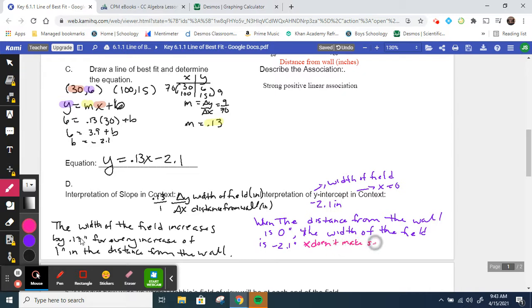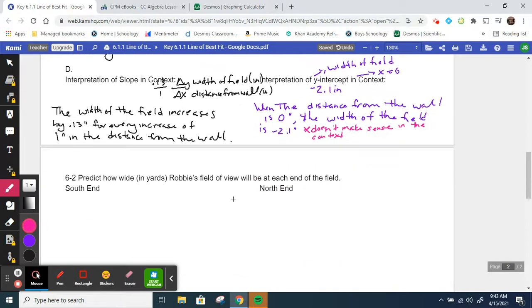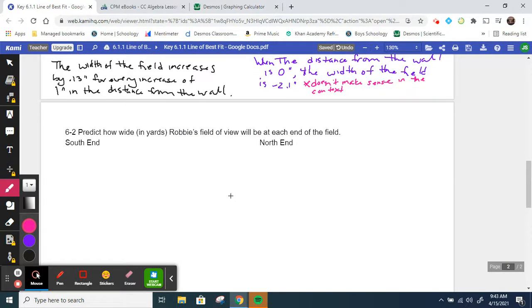In fact, when I had calculated it with 2 different points, I got a y-intercept of 1.67, and that would make a little bit more sense in context. But it will depend. And as you notice, everybody could have a slightly different line. And so we want to kind of streamline that. And that'll be a goal in this chapter, to find out a way we could all get the same line with the same amount of accuracy.